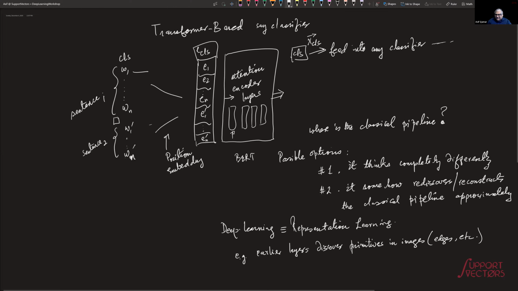You discover that. And later layers, successive layers, build up a higher order representation. And then it begins to build up a face or a cat or truck or whatever it is, higher order representation.